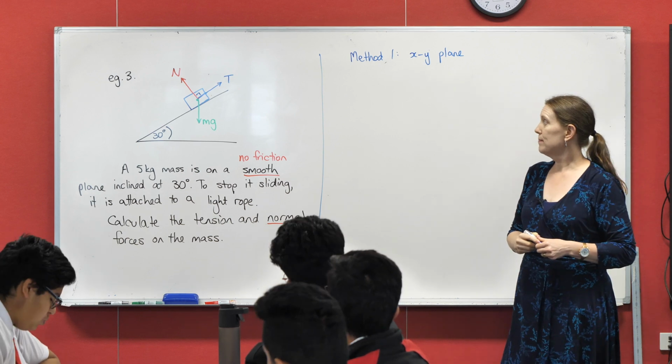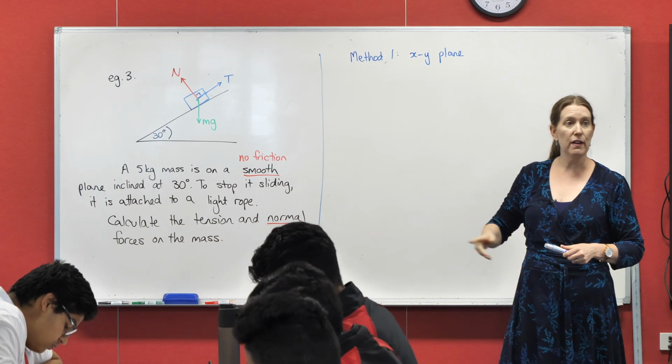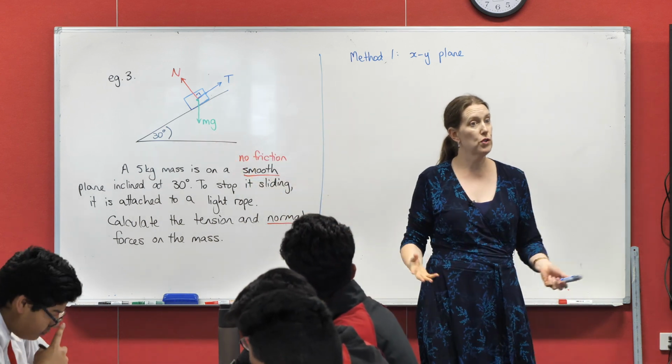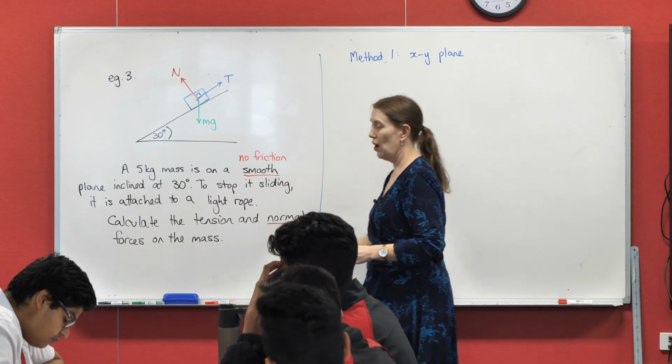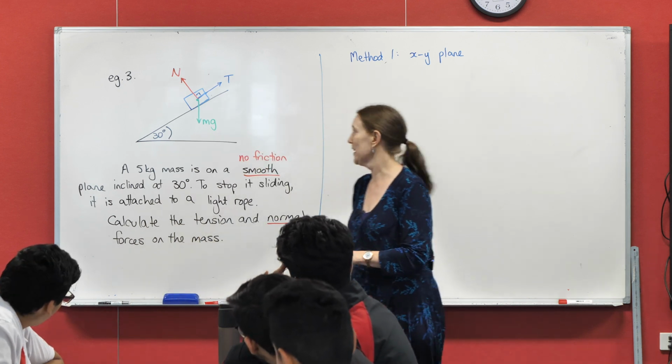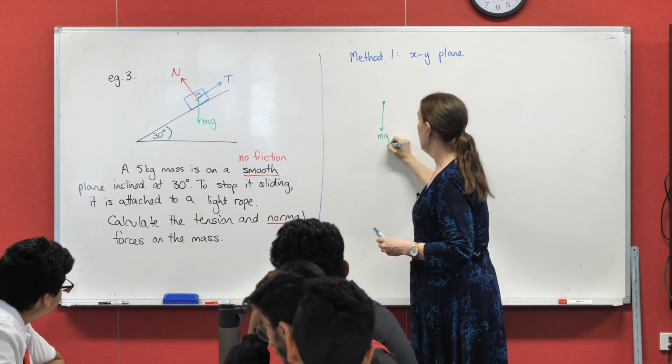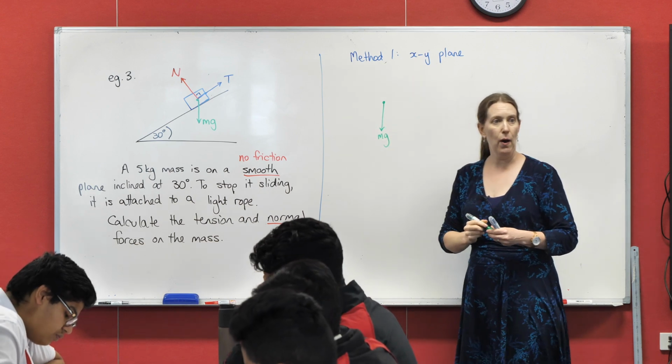We good with that? So if I take my start of a force diagram here and resolve it into the components, and I'll try and get all of our colours the correct way. We start with our mg straight down. It's already in an XY plane.